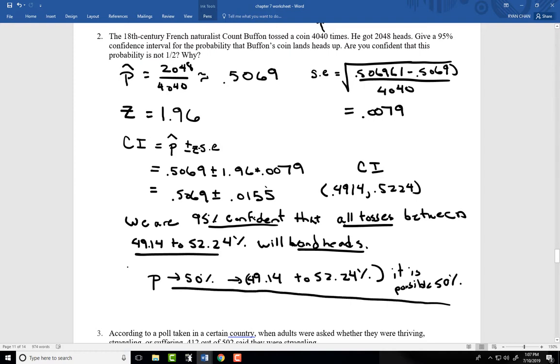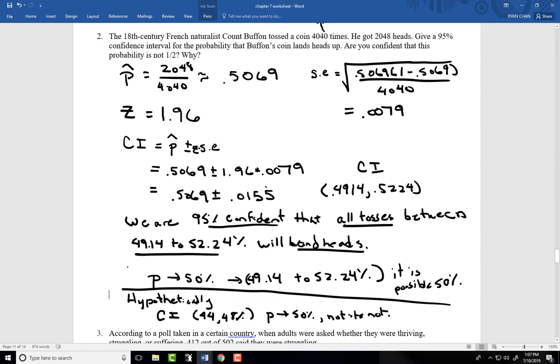Now, hypothetically, and obviously this has nothing to do with my problem, let's say my confidence interval was between, I don't know, 44 to 48%. And if p was 50, we would say, no, it's not, because 50% doesn't fall between 44 and 48.